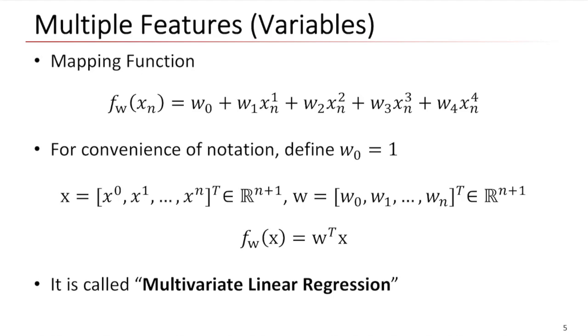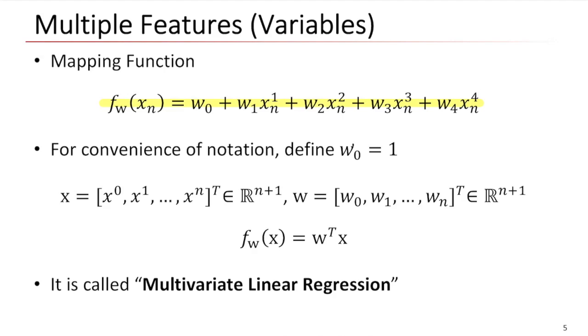Okay, so we have a mapping function like this. So we need a more convenient way to represent the mapping function between input and output variables.